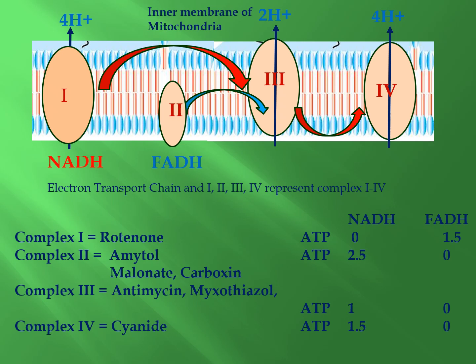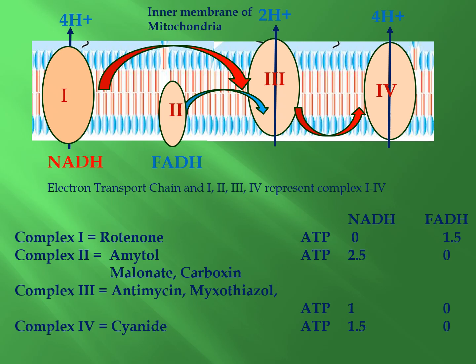Hence 0 ATPs are generated from NADH. Contrastingly, if it is specifically the inhibitor for complex 1, then the pathway for FADH remains unchanged, undisturbed, and 6 H ions are transported. That is why 1.5 ATP will be generated via this FADH oxidation.